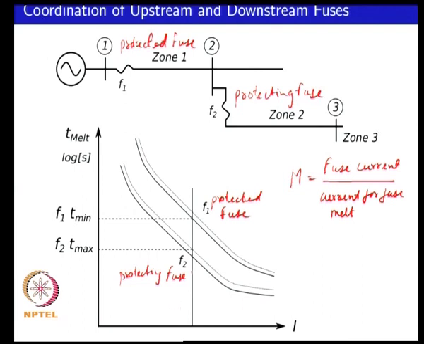So, in this particular case, your solid lines might correspond to the minimum melt time required for the fuse to melt, and your dotted lines might correspond to the maximum melt time.